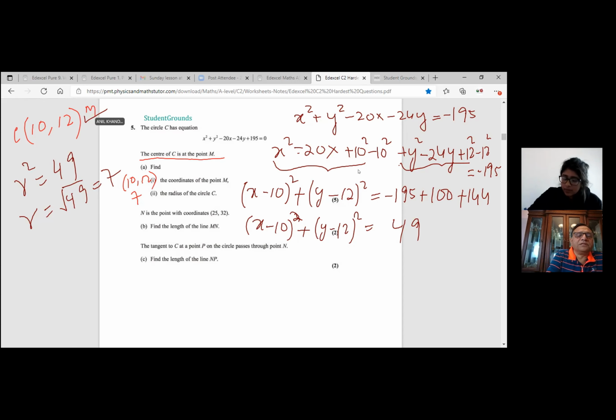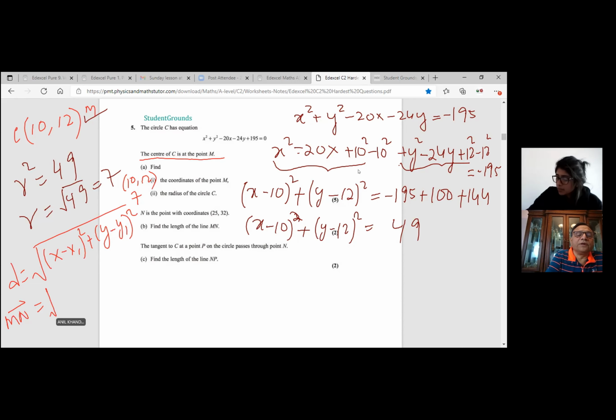So distance is equal to square root of (x minus x1) whole square plus (y minus y1) whole square. So use this distance formula, we can find distance MN. Distance will always be positive. We have the point given to us as 25, 32.